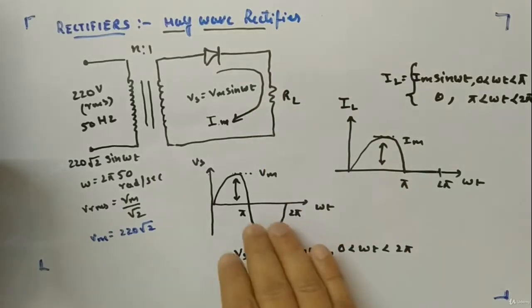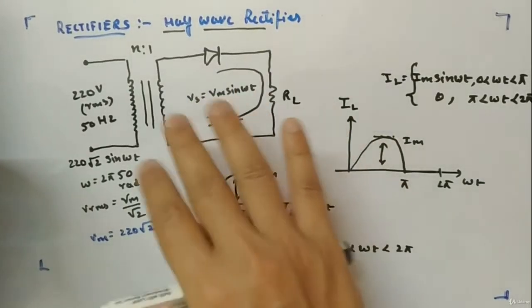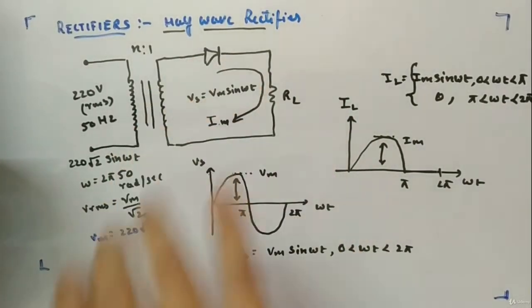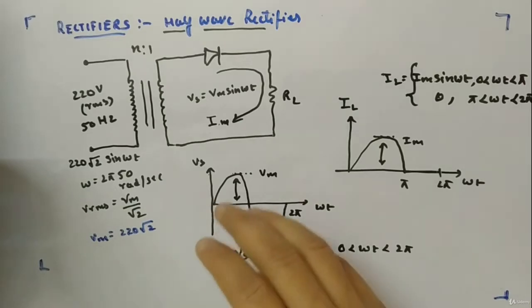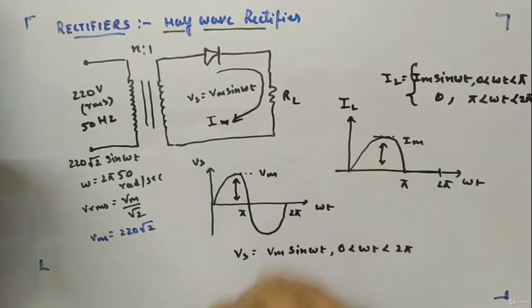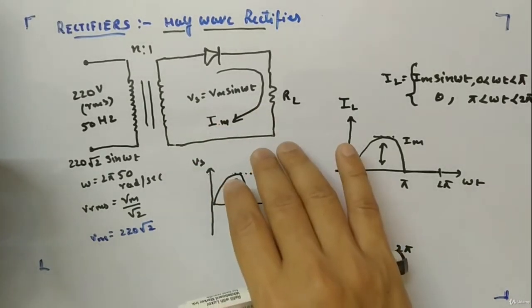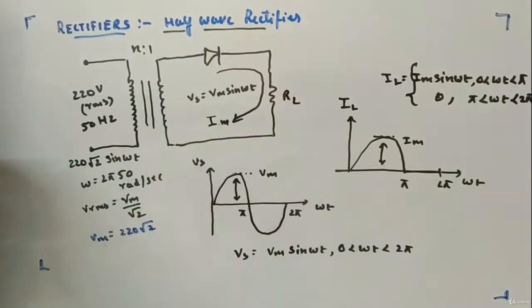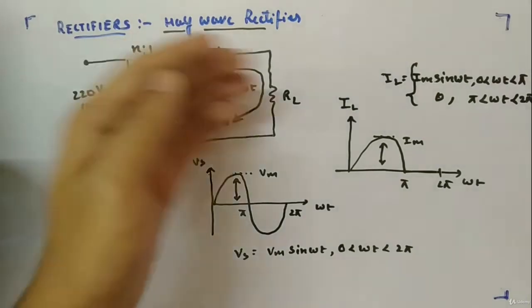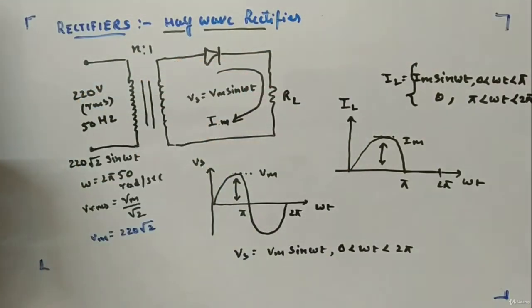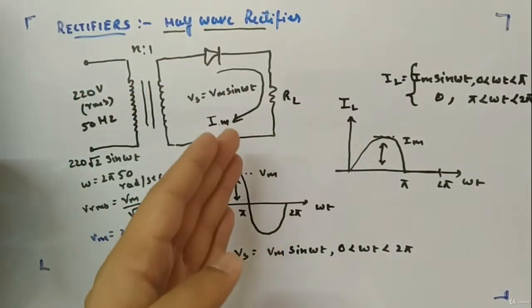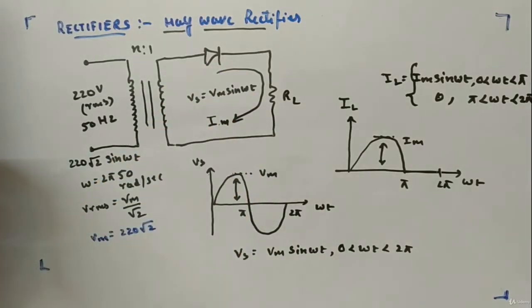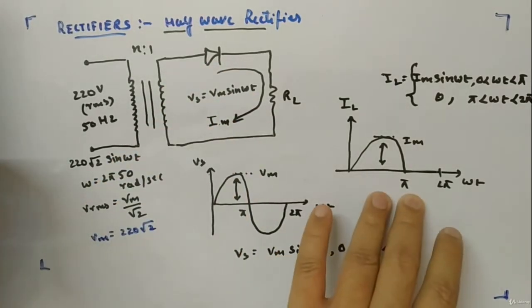So in the negative half cycle there won't be any current flowing, because an open circuit will not complete a loop. In the positive half cycle this diode will behave as a short, so it will provide a closed loop, and because of that the current will flow, and this is the curve of the current.